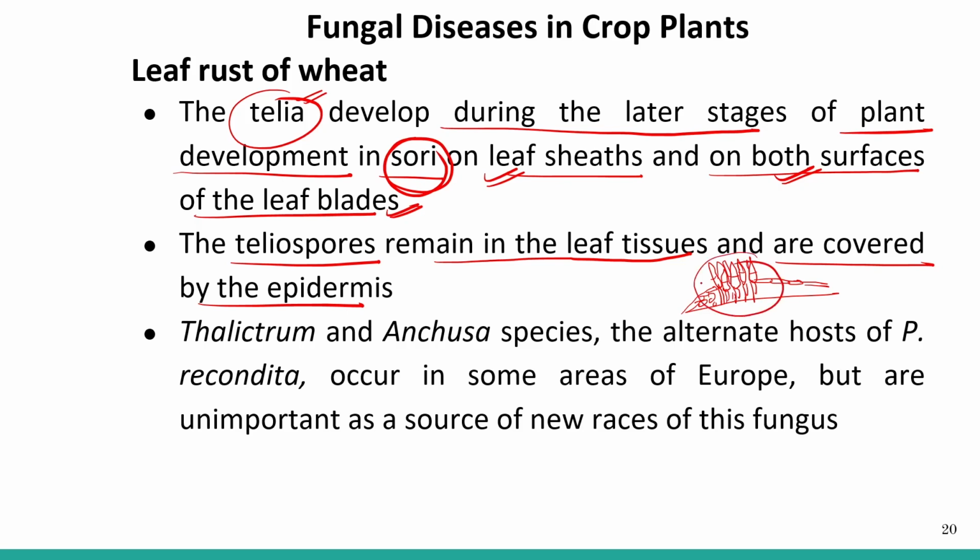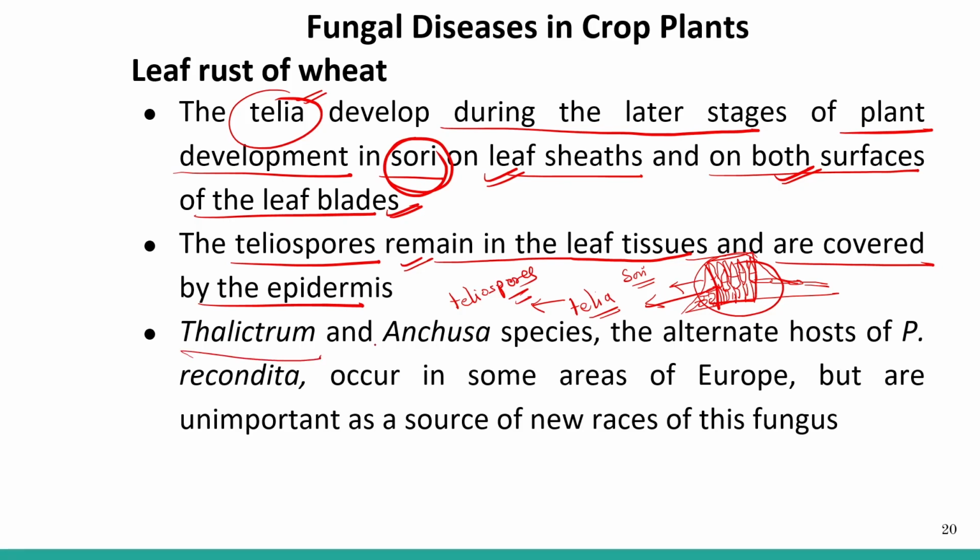This particular region is called sori. They are present on sori, and this whole region is called telia pustules, which bear teliospores. Teliospores are two-celled spores. They remain in the leaf tissue and are covered by the epidermis.